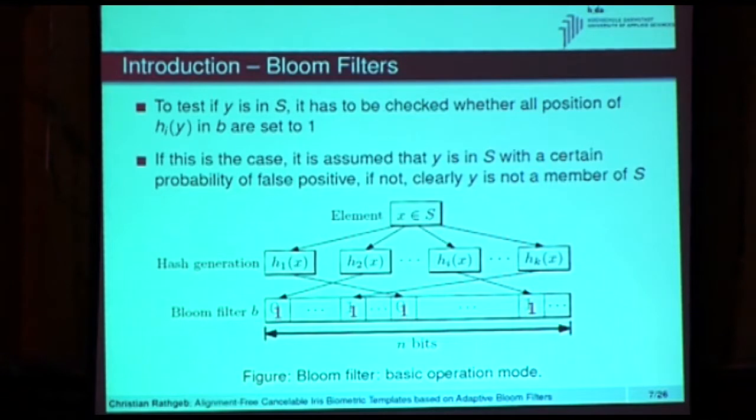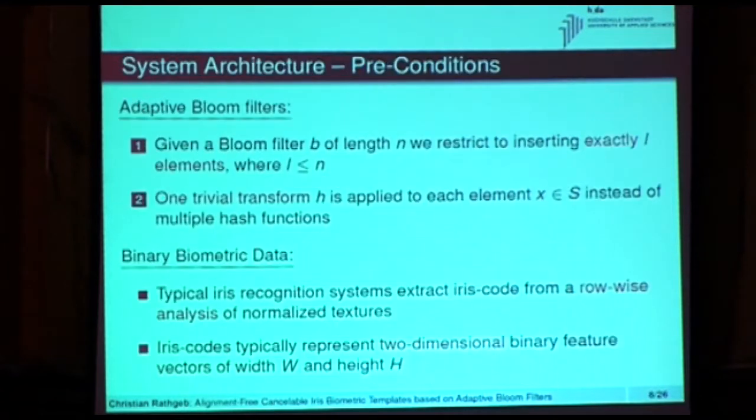In order to check whether a given element y is in S, y is again hashed k times, and it is checked whether all positions are set to 1. If so, then y is in S with a certain chance of false positive. If not, y is clearly not in S. We adapt this concept in two different ways.